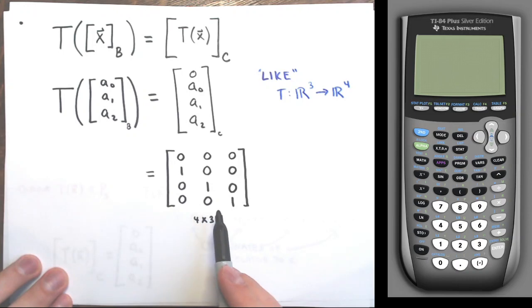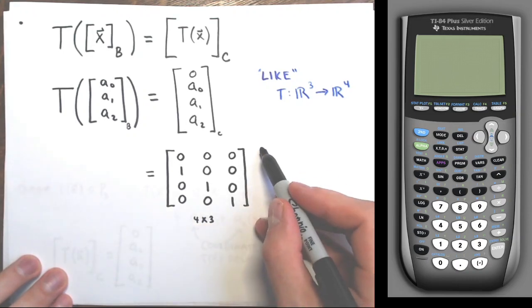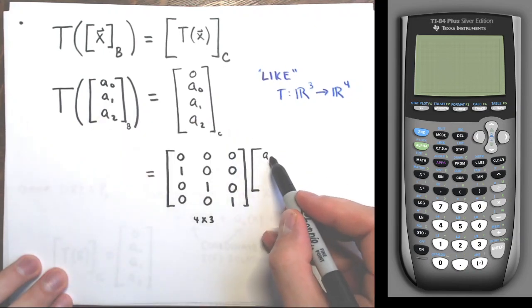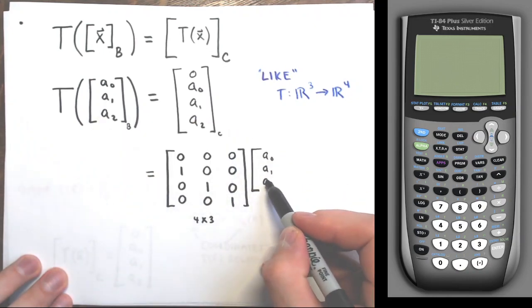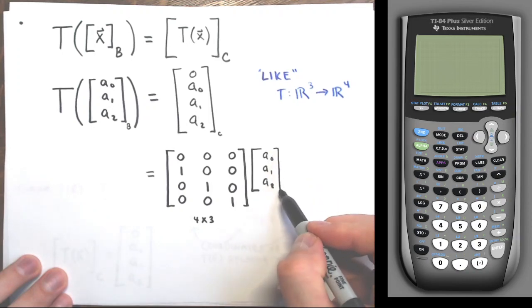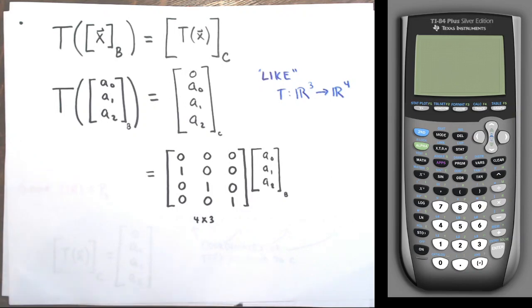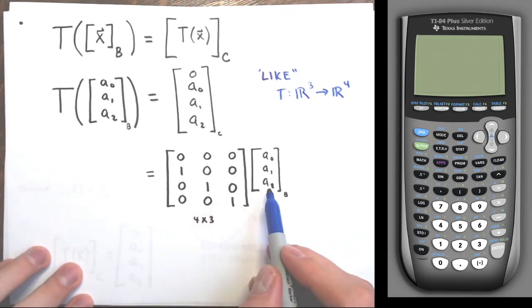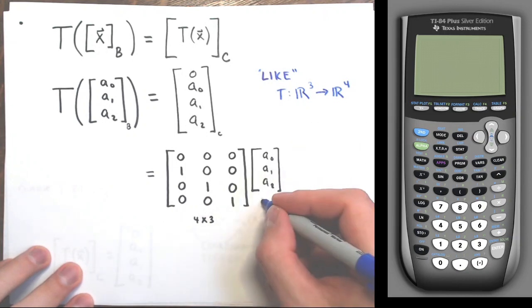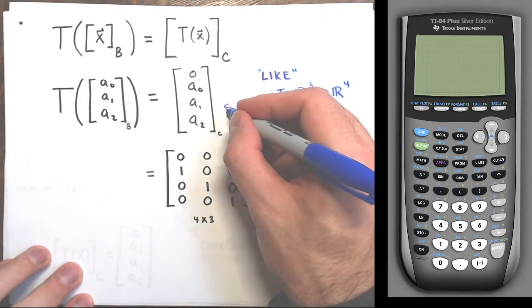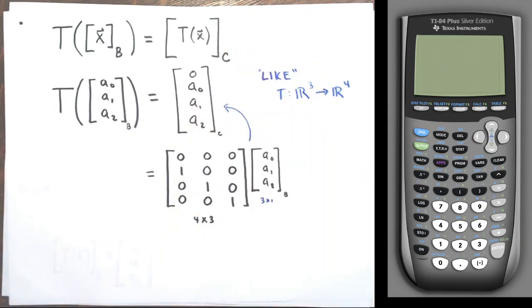This is going to be the standard matrix for this transformation, multiplied by the input vector a0, a1, a2. I'll put a little b down here just so you know that these are coordinates. If I multiply this 4 by 3 times this 3 by 1 vector, I would get this back, wouldn't I? And you can double check it.